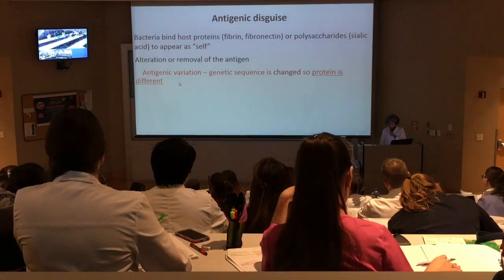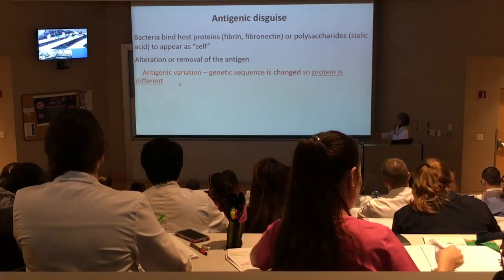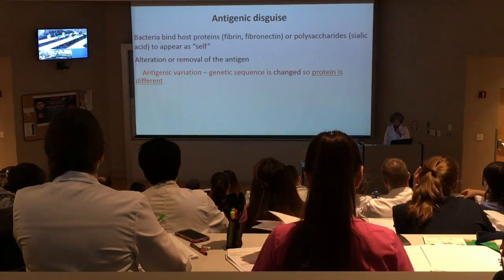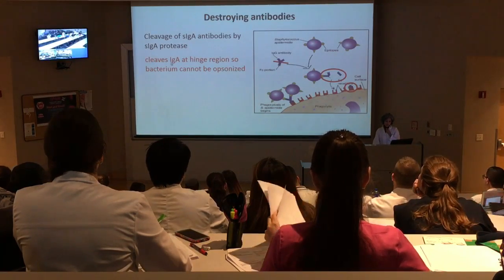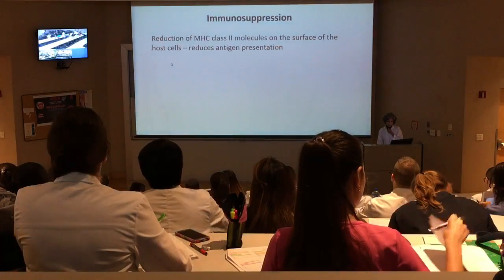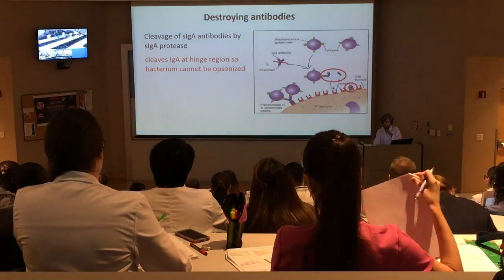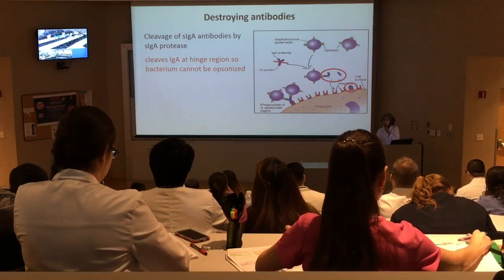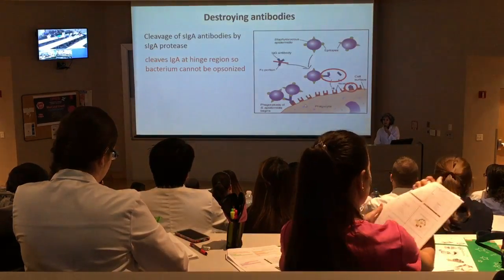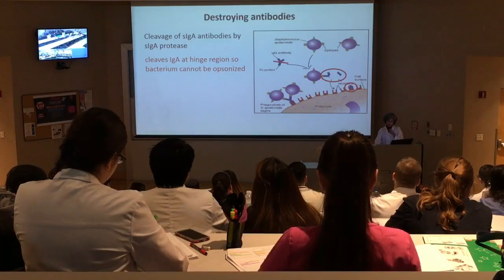Antigenic variation is not new just to bacteria; we've seen that also with viruses. There is the secretory IgA protease, the S-IgA protease, which will basically cleave it at the hinge region, and the end result is the same as protein A: there is no opsonization.